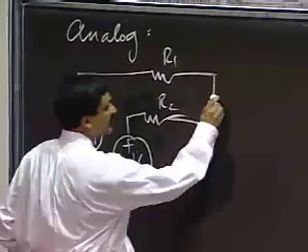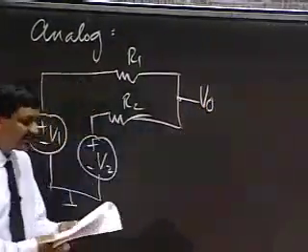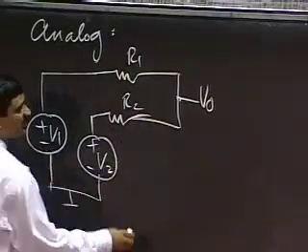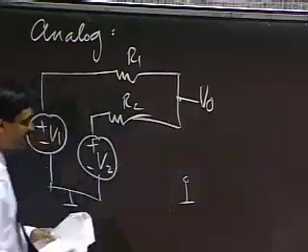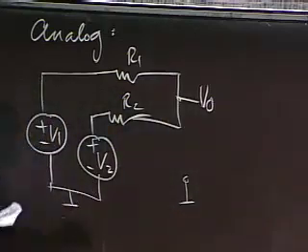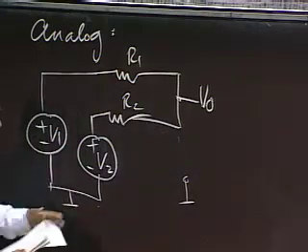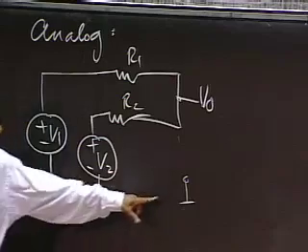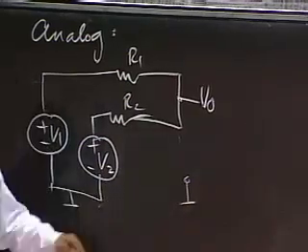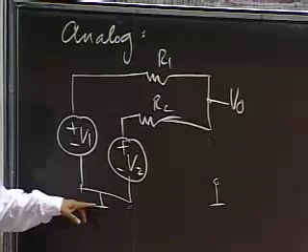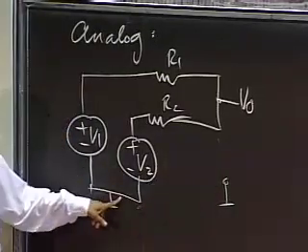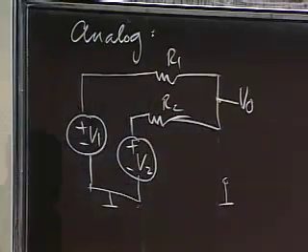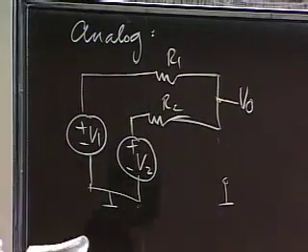Let me call this voltage V0 and call this my output. This voltage is measured with respect to this ground node. Rather than drawing this wire here, I often draw a ground here and simply throw grounds wherever I want. This symbol simply refers to the fact that the other terminal is taken at the ground node. So here's my V0. Now let's analyze this and see what it gives us.